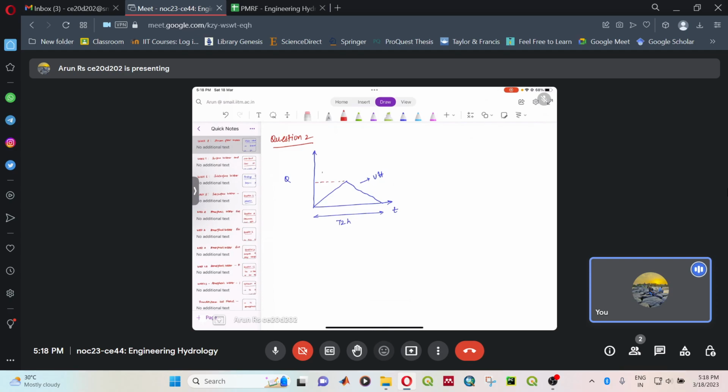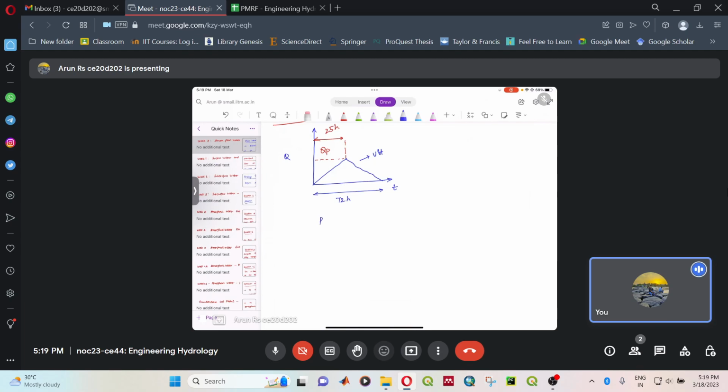And we need to determine what is the peak discharge of this particular catchment. And they have told that this peak discharge occurs at 25 hours from the start of this graph. So this is like a simple ratioing only.